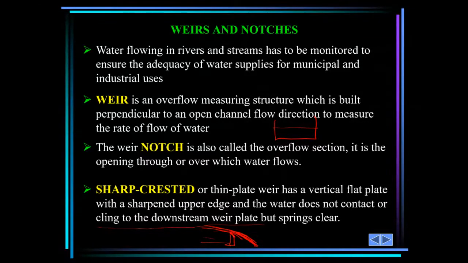This is the downstream weir plate, but the water springs clear. So this is the sharp crested weir, because the top of the crest is sharp. And here atmospheric pressure is maintained, above it atmospheric pressure is also maintained.